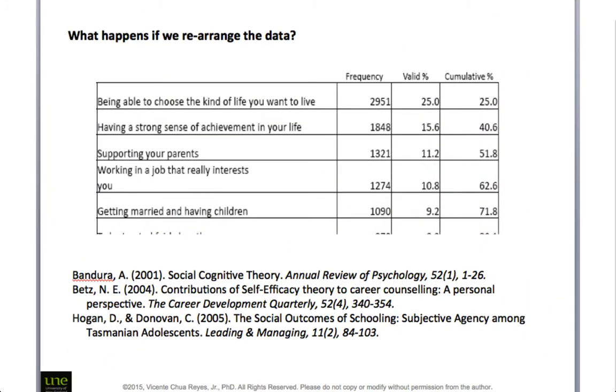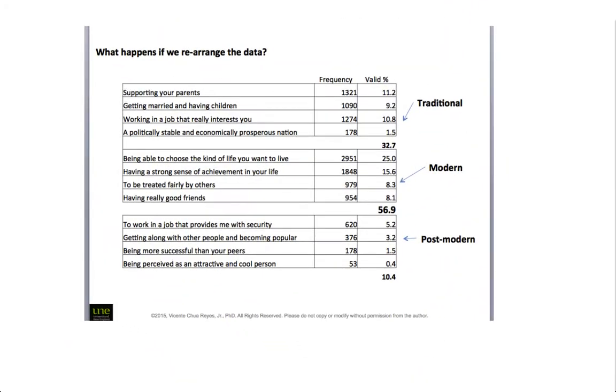Now, looking at those 25 items, and if we rearrange the data following some theoretical considerations like the work of Bandura, Betts, or Hogan and Donovan, we can actually see that based on the research that we have been doing, young adolescents actually view life goals and aspirations in three concepts or three ways.